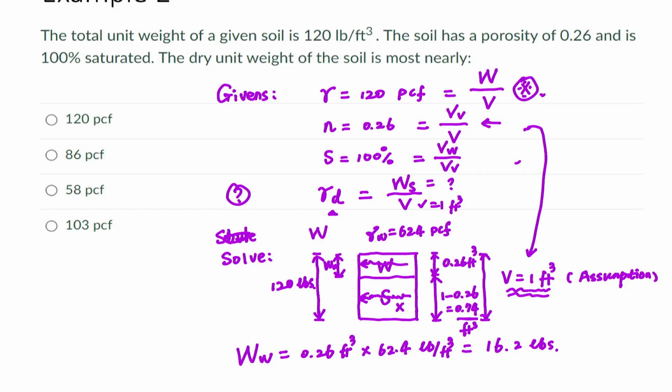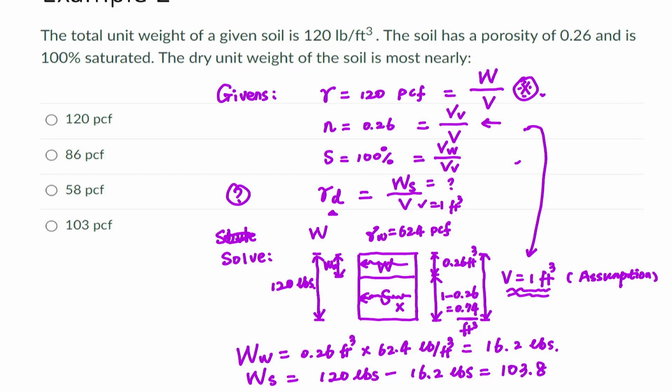And you already know the total weight, which is 120. So you can just subtract the weight of the water from 120. That would give you the weight of the solid.